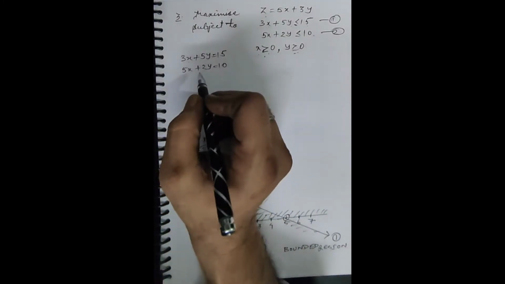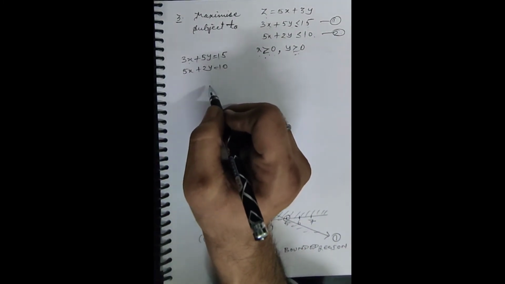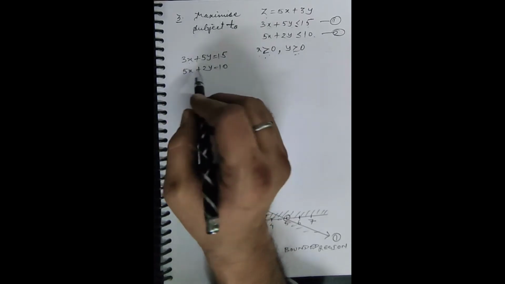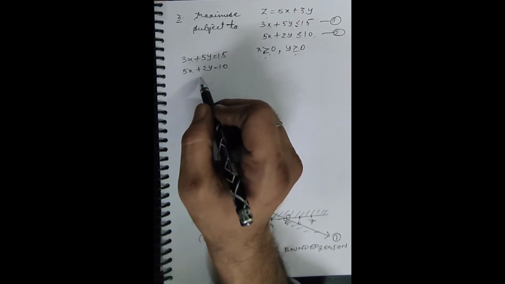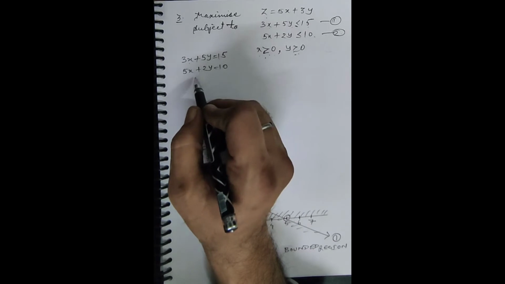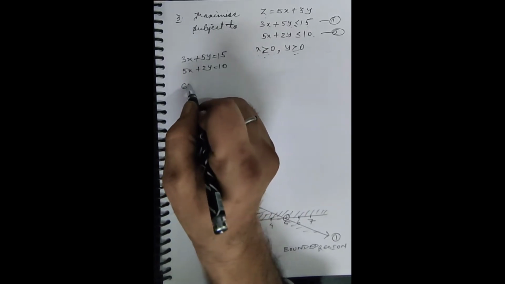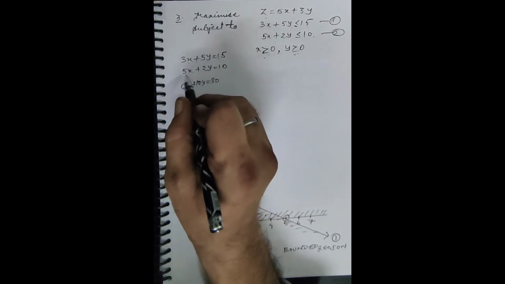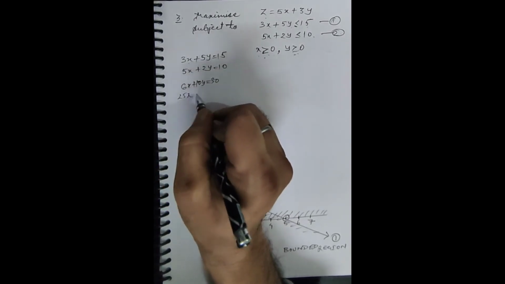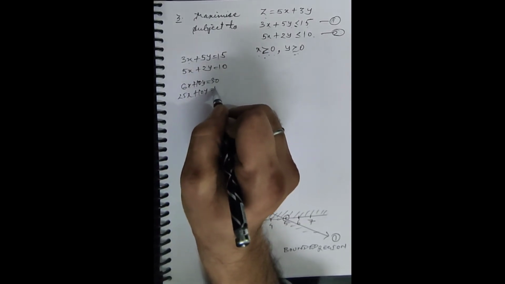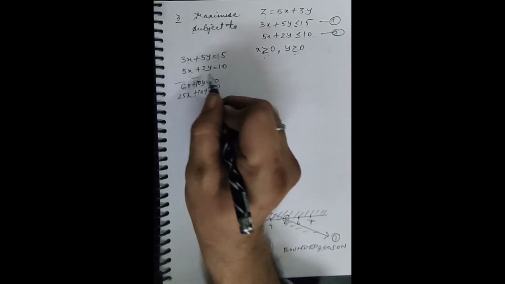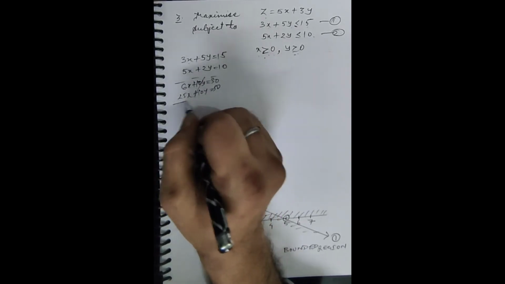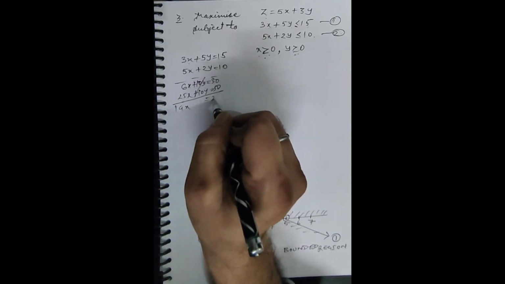This time we can use either the method of elimination or substitution, but as in general we use elimination, let's use that. Multiplying by 2, 6x plus 10y equals 30, and by 5 here, 25x plus 10y equals 50. Subtraction: 25 minus 6 is 19x, and this is 20.